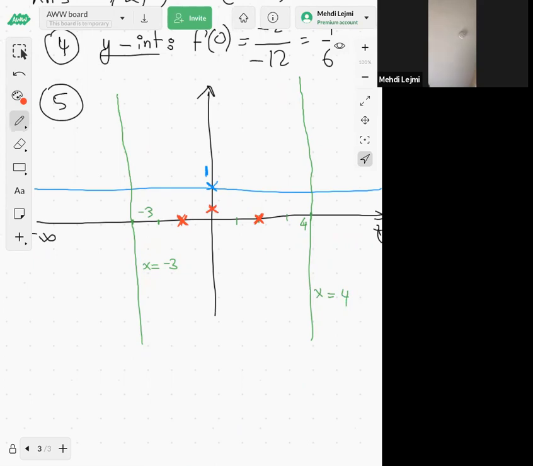Okay, so first, you start at negative infinity. Basically, there are two options here: below the horizontal asymptote, or above the horizontal asymptote.